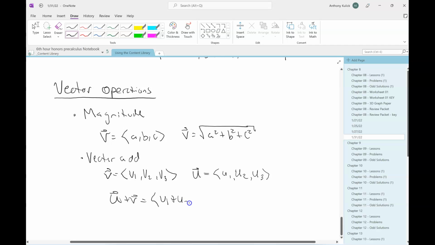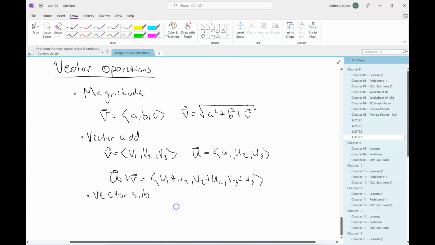We add the x components, we add the y components, and then we add the z components. If I do subtraction, the same thing.